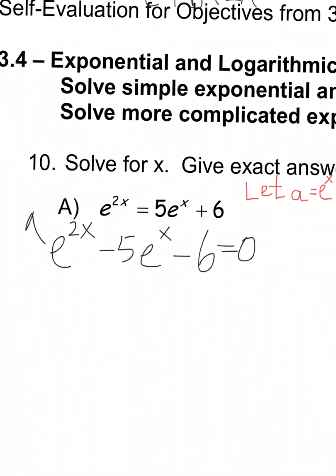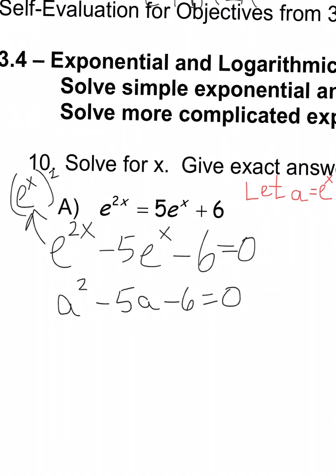So imagine right here, I'm going to flip the x and the 2 around, and quote-unquote factor out the 2, or just think of that as e to the x, that term squared. And now, since e to the x equals a, I can substitute that in, and now this e to the 2x is equal to a squared minus 5a minus 6 equals 0.